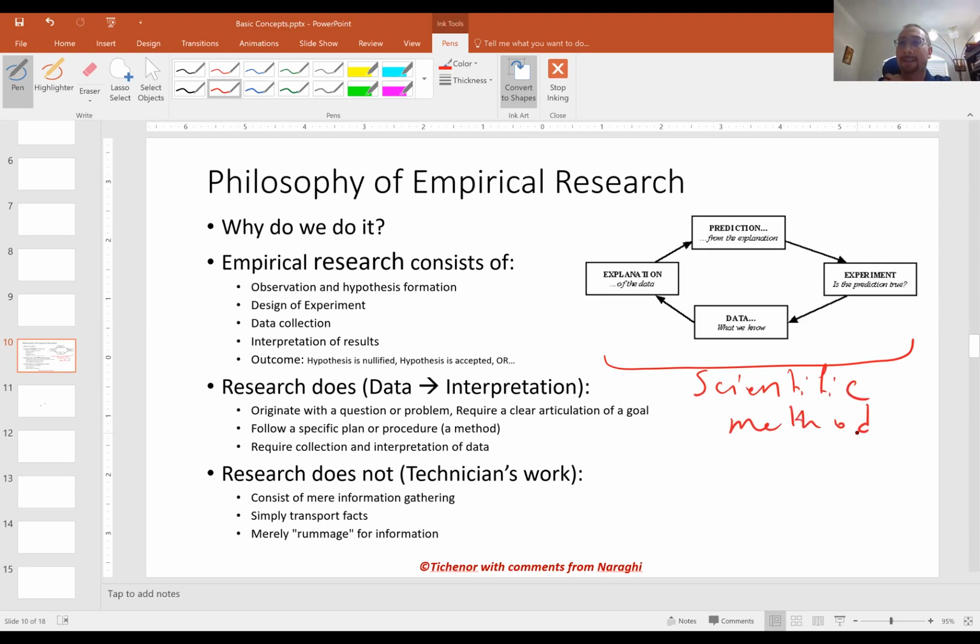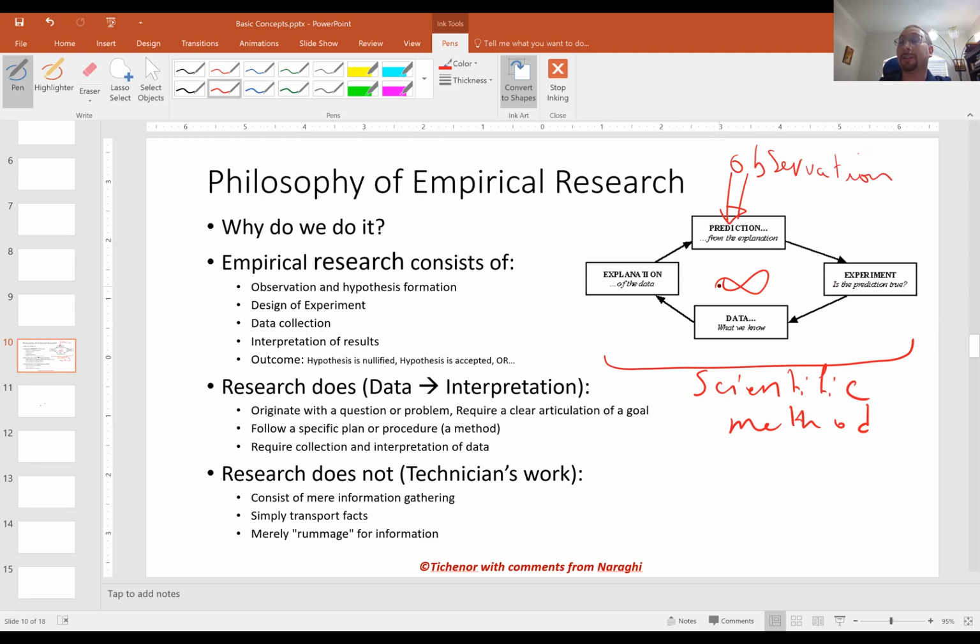Okay? And the scientific method, in one way or the other, consists of 4 parts. Okay? And this is an infinite loop, if you look at it. It goes forever. Okay? But you just need somewhere to start, and you start with an observation.